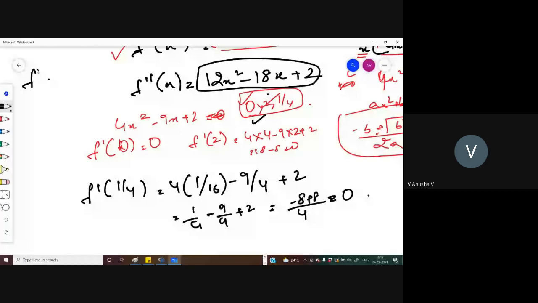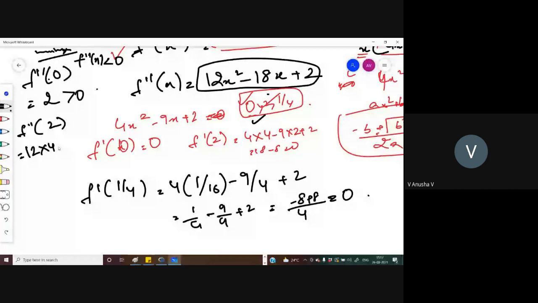Once I substitute 0, I will be getting 2, which is greater than 0, but they're asking us to maximize the value of f(x). So the condition will be f''(x) is less than 0. Let's see by substituting f''(2). I'll be getting 12 into 4 minus 18 into 2 plus 2. Again it will be 48 minus 36 plus 2. Again it will be a positive number. So this also will be omitted.